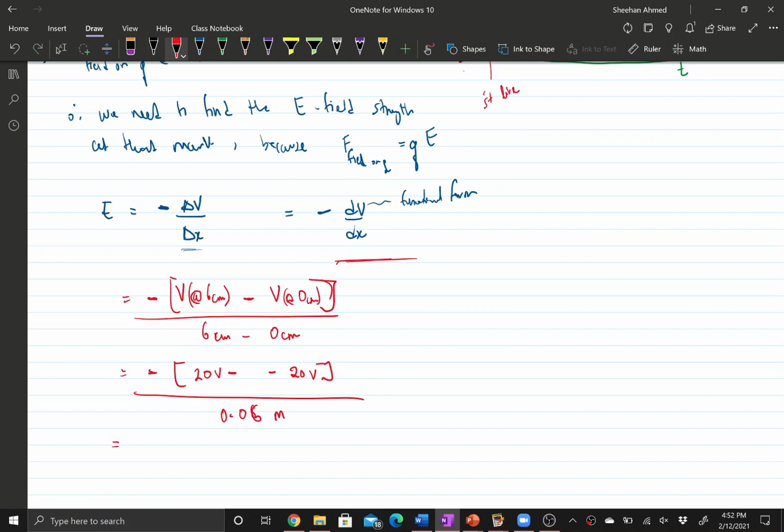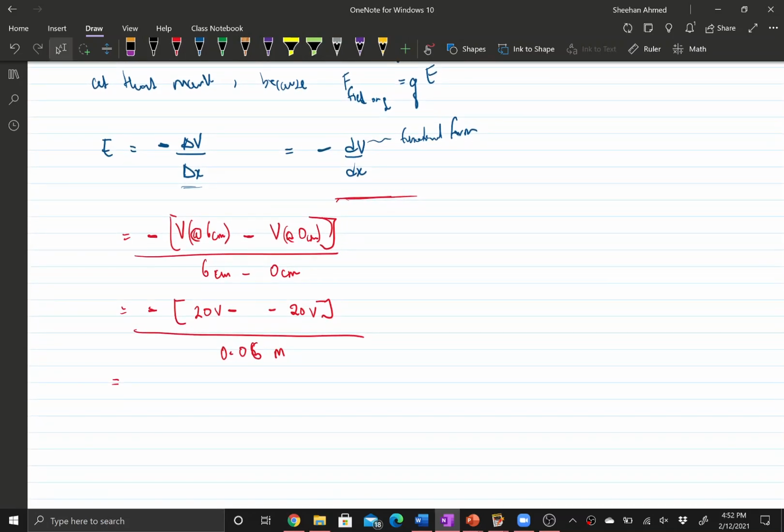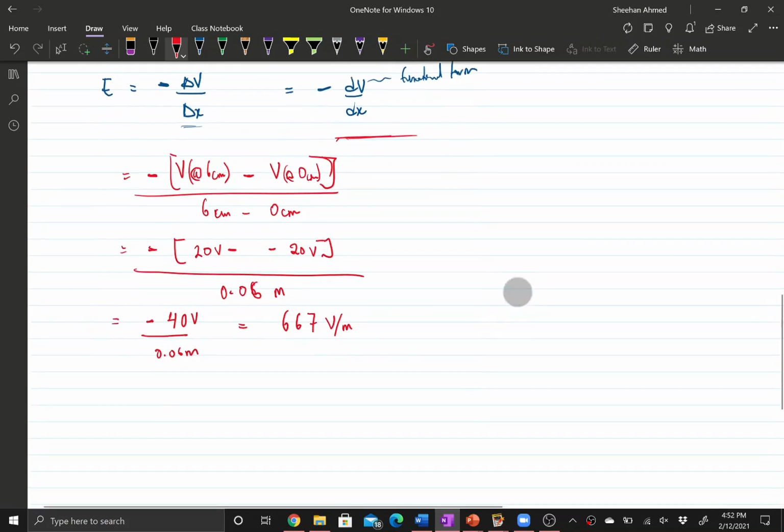So what do I get? 20 minus minus 20 is 40, so that's minus 40 volts over 0.06 meters, and I get some value that I need a calculator to do. 40 divided by 0.06. Oh, look at that. Special number. 667 volts per meter.